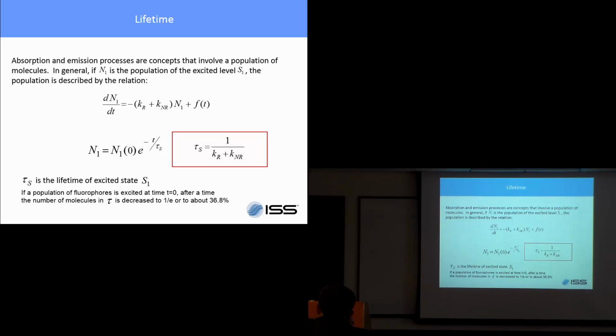In reality, the decay time is a parameter that involves a collection of molecules. We cannot assign it to a specific molecule. Within the collection, some molecules decay with a short decay time, some long, but what we call the decay time is this parameter tau.